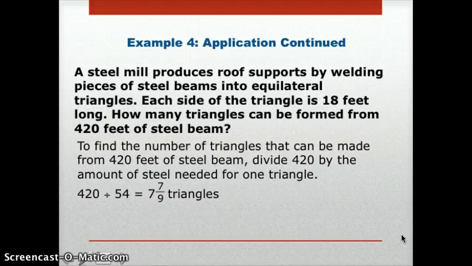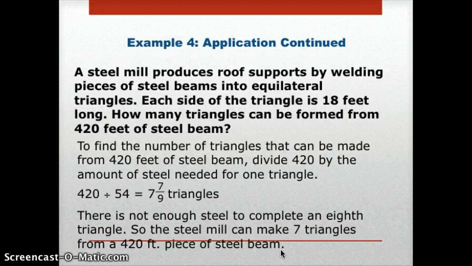So I know I can make 7 roof supports, but with the 7/9 that's left of steel, notice that doesn't quite make another support. So I only have enough steel to make 7 triangles, or 7 supports, with the 420 feet of steel. So my answer would be 7. I just knock off the extra because I can't make a whole beam or a whole support.